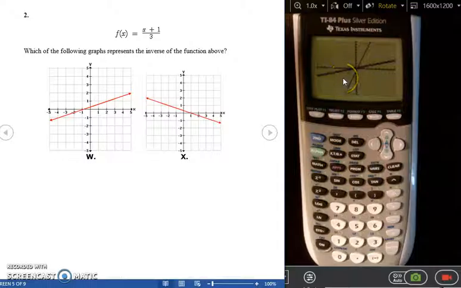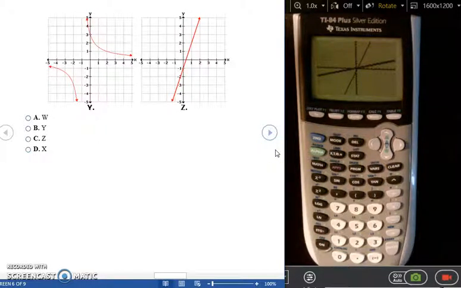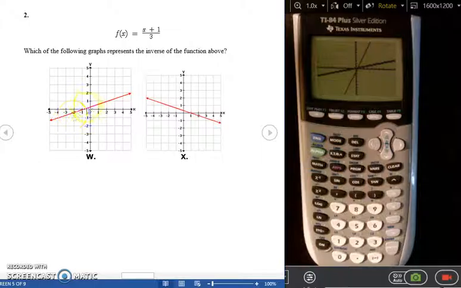And so I'm looking for a pretty steep line that's increasing. W here is increasing, but that one is kind of flatter than what I see on the graph. And it crosses the y-axis, W, above 0, between 0 and 1, and this one crosses below 0, somewhere in the negative, so I know it can't be W. X is decreasing.